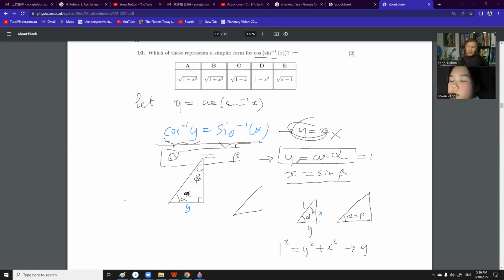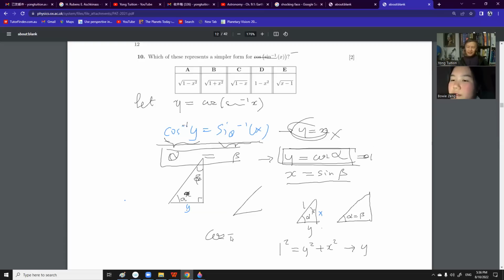Oh, hang on. Sorry. Cosine alpha equal to y over 1. It's not equal to 1, but we can put the 1 here, can we? So that's why this side must be 1.